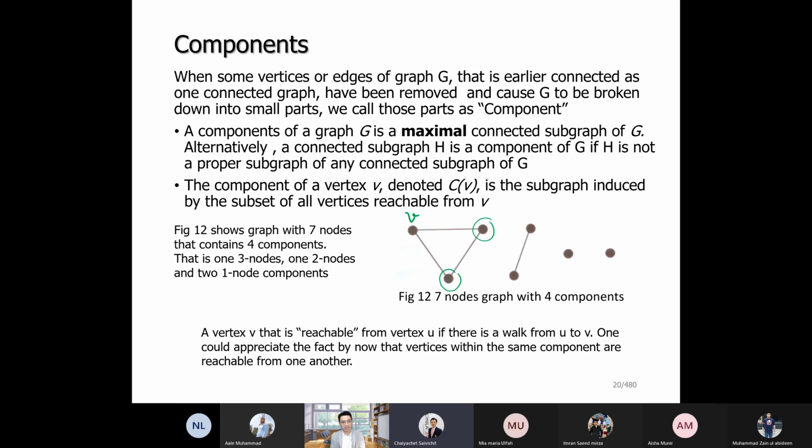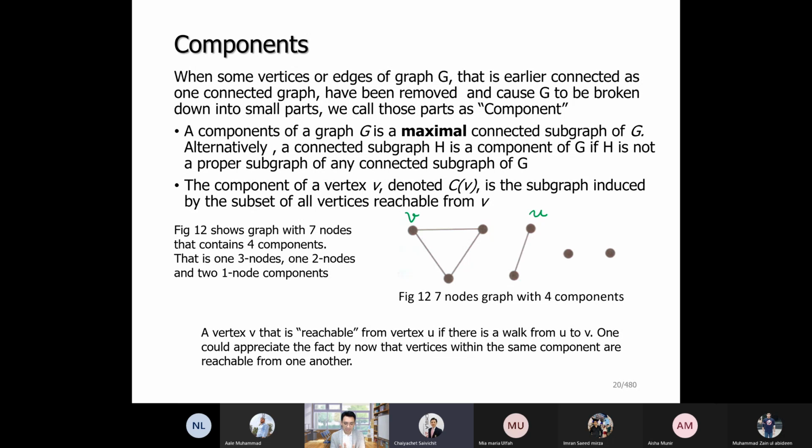Vertex V is reachable from U if there is a walk from U to V. If you have U here, you can see U and V have no walk towards each other because they are on different components. One could appreciate that the vertices within the same component are reachable from one another, given that we have undirected edges.